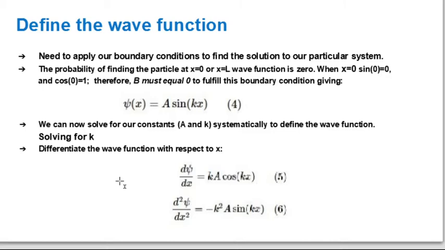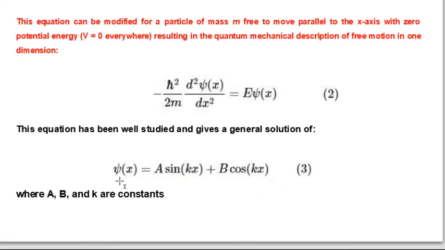We know x is equal to 0, psi becomes equal to 0, or x is equal to L, then also psi becomes equal to 0, wave function becomes 0. That's fine. We put the condition x is equal to 0, then the wave function psi on the left hand side becomes equal to 0.